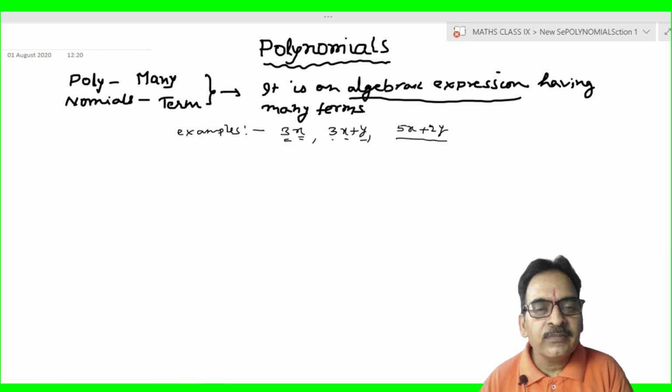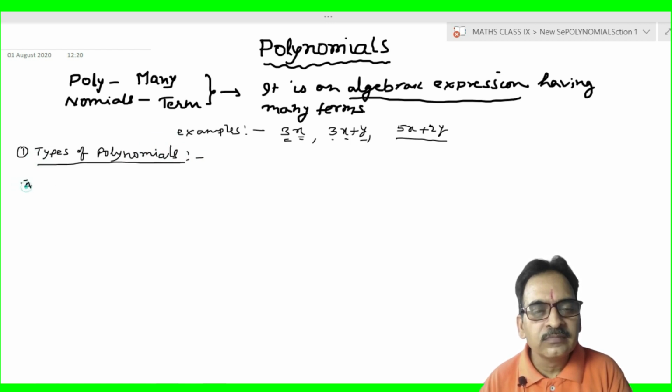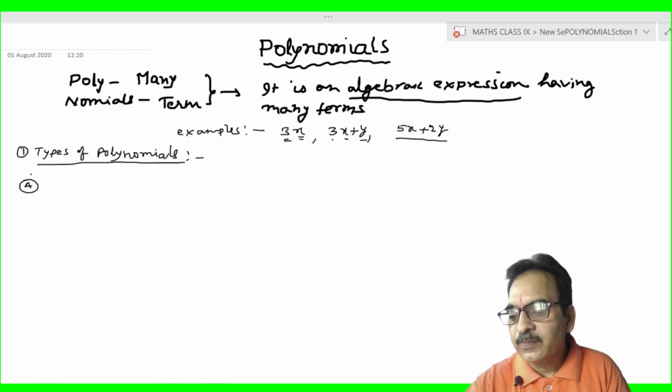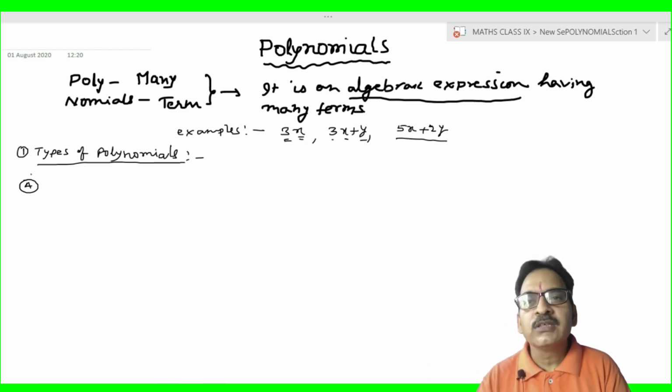Okay, now we are coming to the types of polynomials. The polynomials we classify on two bases. One is on the basis of the number of terms associated with the polynomial, and the second is regarding the degree of the polynomial.